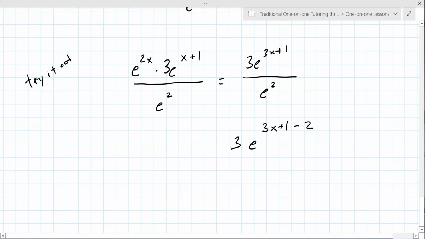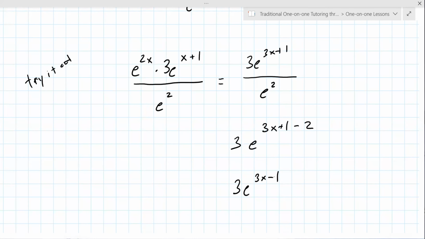It takes one extra line of writing, but it likely prevents sign errors and calculation errors and all that stuff. So it'd be -1. Yes, 3e to the 3x minus 1. Oh, so you just flip the, okay. Yeah. Okay.